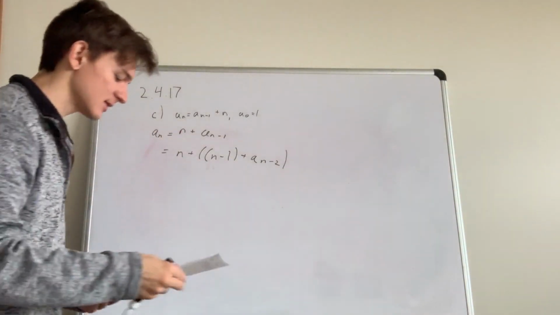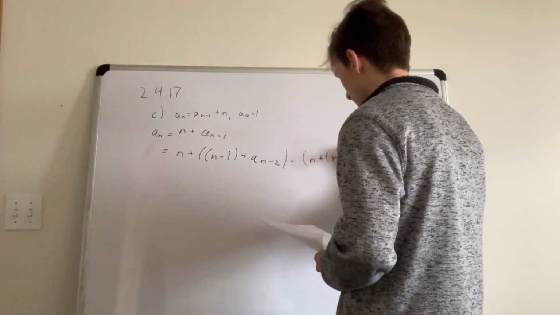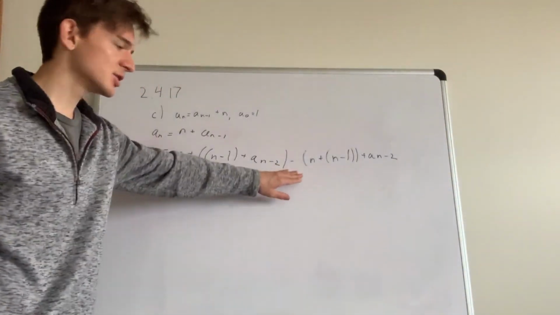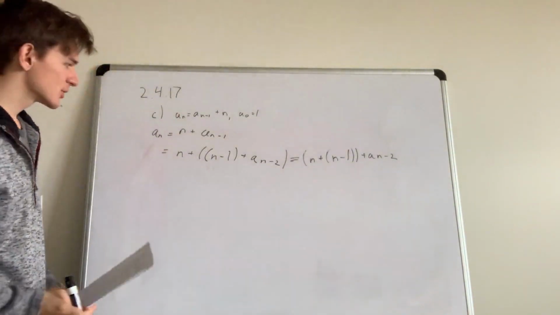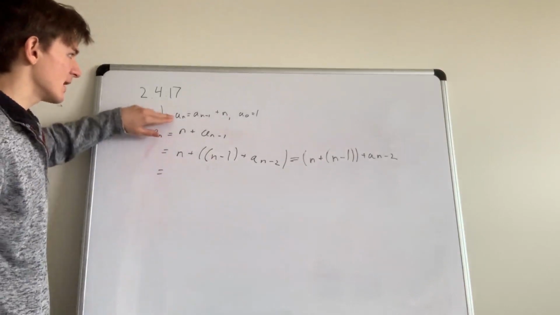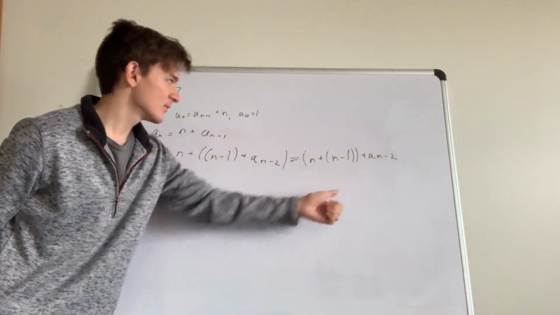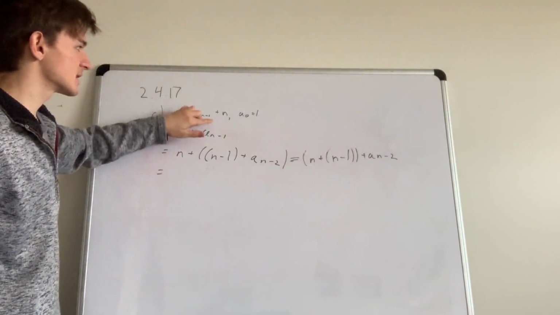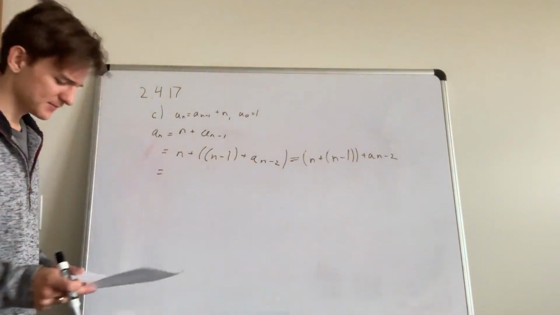This n is just a remnant from the previous formula in the iteration. And we can simplify this. Let's just say that this is n plus n minus 1 plus a of n minus 2. All right, so us just doing some algebra to obtain this formula here. So we continue. What's the next iteration look like? If we plug a of n minus 1 plus n in for a of n minus 2, or that is to say we plug in a of n minus 3 plus n minus 2 in for a of n minus 2, what does that look like?